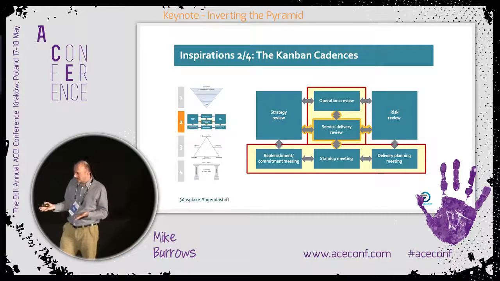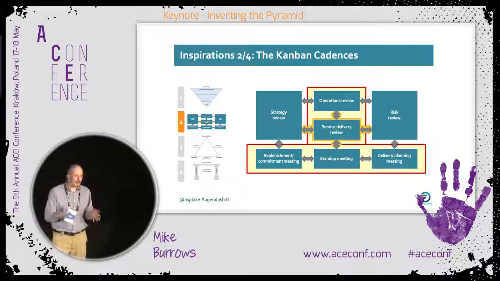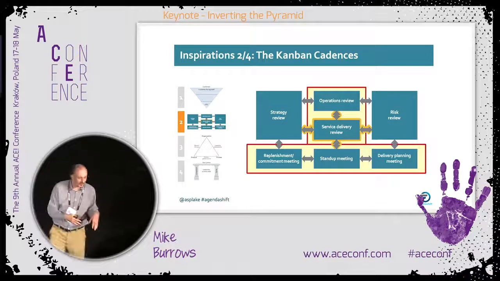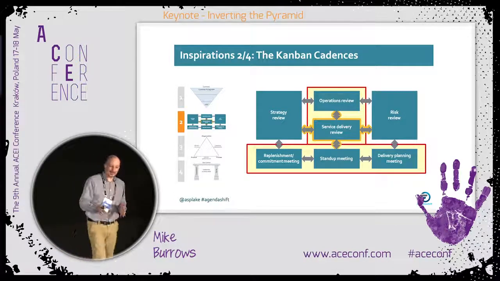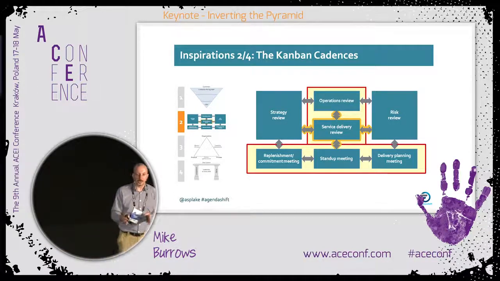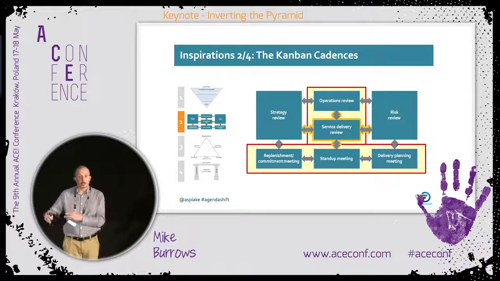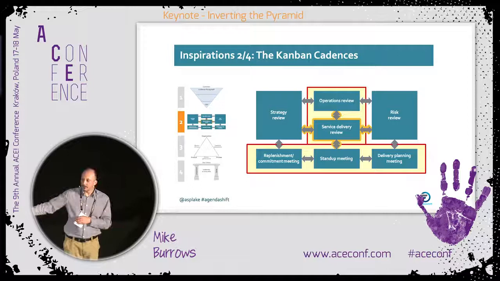You don't have to use those names. Every delivery process has some way of deciding what should go into the delivery process. Any effective delivery process will have some way of keeping a regular check on what is going on and dealing with things that need to be dealt with. And every delivery process has a way of deciding what comes out of the process and when.